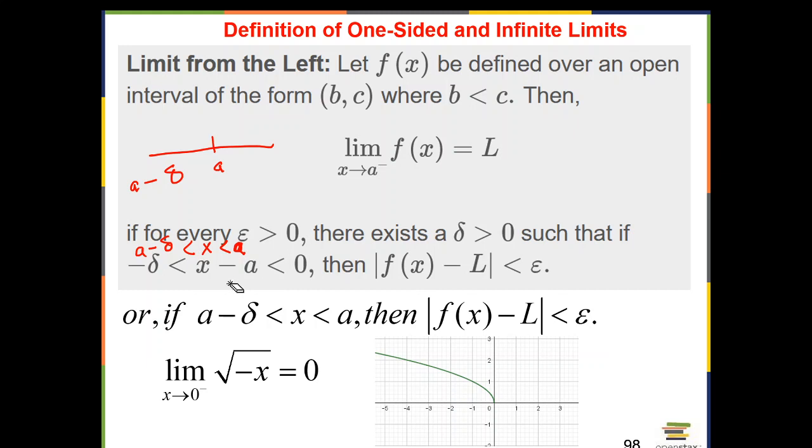Or you can write it this way, that's correct too. Okay? Then the y values are still within epsilon of L. And here's an example of a left limit. This function is only defined for negative numbers, so you don't want to go to the right of 0, right? So you write it this way. And I did it this way here.